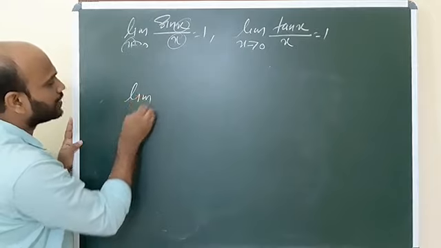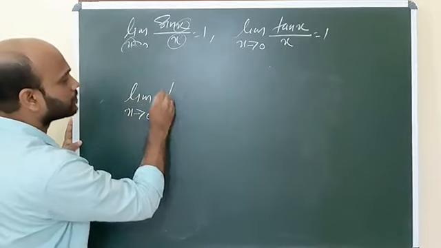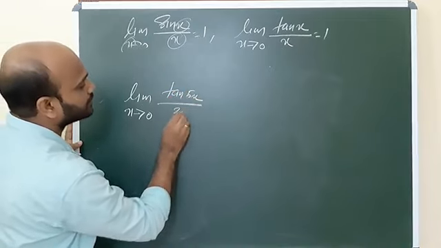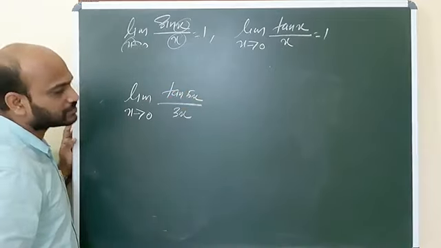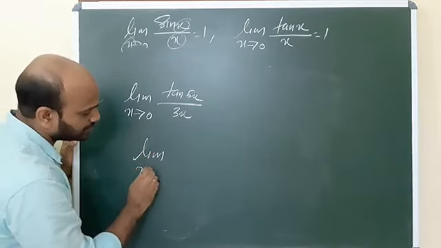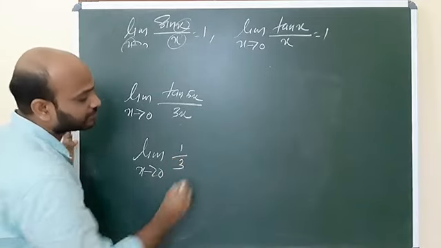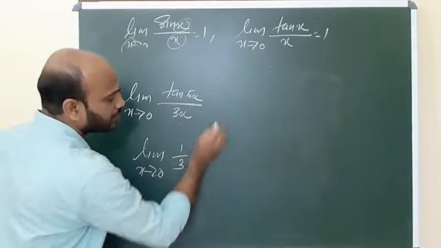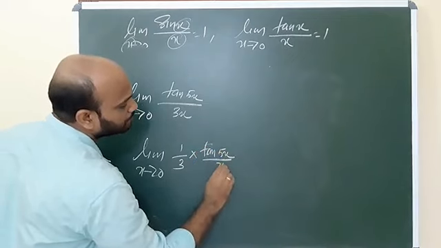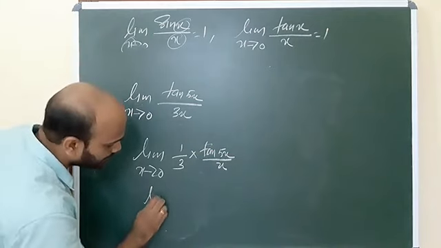Now next question. Evaluate limit x tends to 0 tan 5x by 3x. This one you can rewrite as limit x tends to 0 1 by 3 into tan 5x by x. Now we can apply the limit.